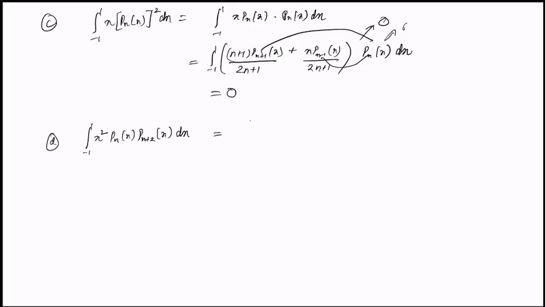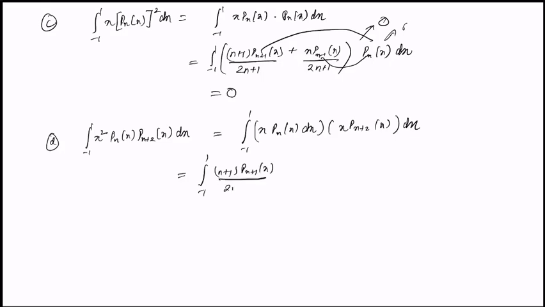When you solve this, you can break this as x times Pn(x) times x times Pn plus 2(x) dx. Now you can just use that property, and then you can simplify it as n plus 1 P of n plus 1 of x upon 2n plus 1 plus n P of n minus 1 of x upon 2n plus 1. Sorry, there will be only one dx.